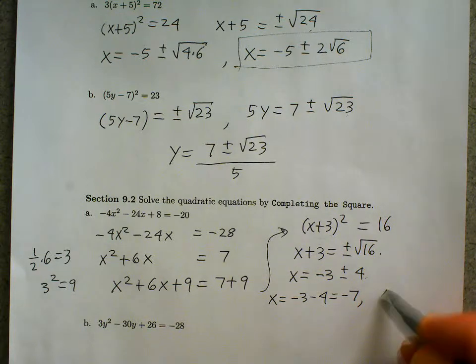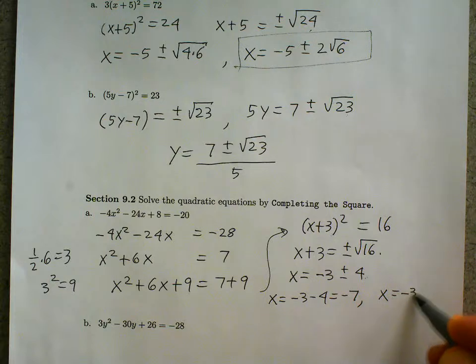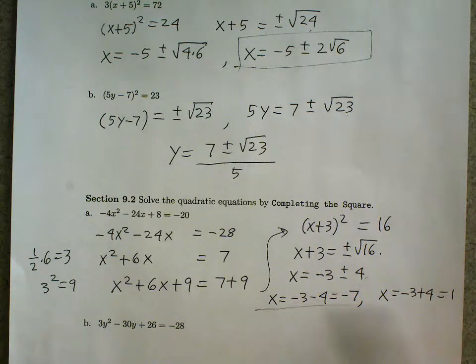The other solution is x equals negative 3 plus 4, which is positive 1. Okay, that's good enough, but I'll just make it more clear. The two solutions are x equals negative 7 and x equals positive 1.